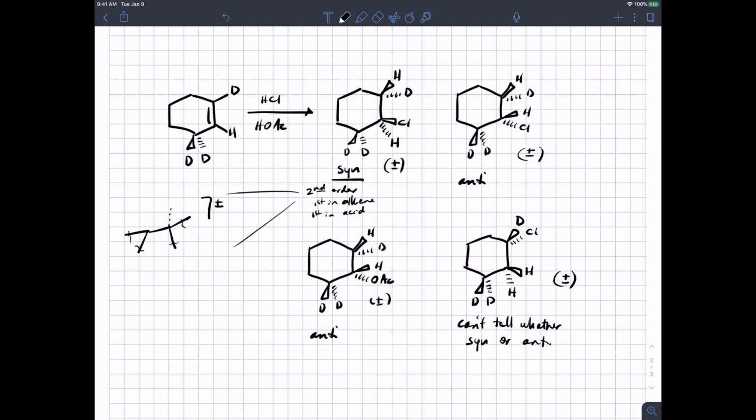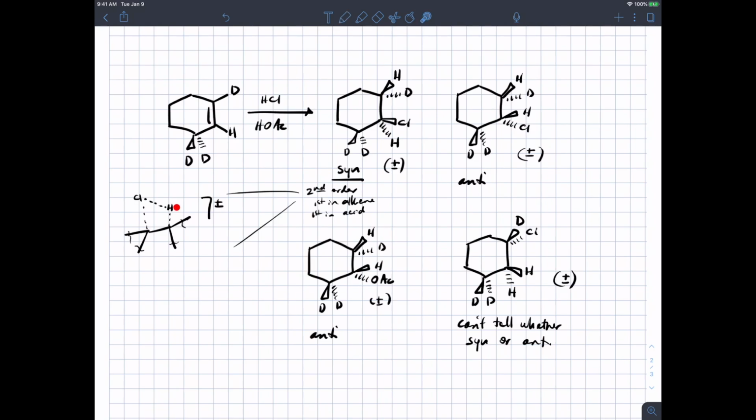Probably you have to invoke a transition state where you're forming the hydrogen-carbon bond, but at the same time you're sort of breaking the hydrogen chloride bond and starting to form a new carbon-chloride bond.